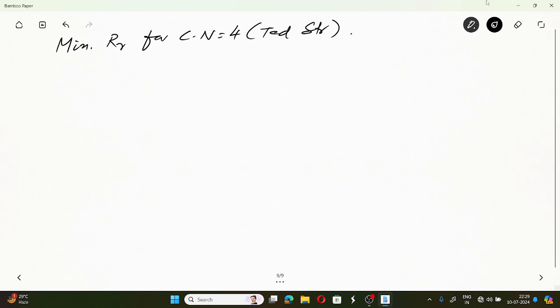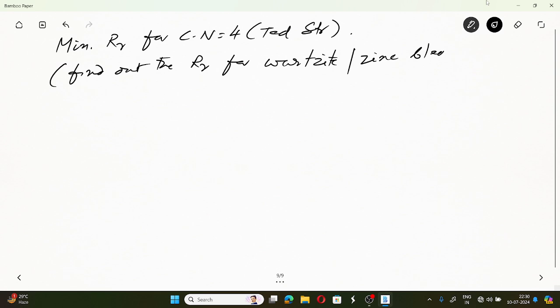So often they can ask you to find out, question এরকম দিতে পারে, find out the radius ratio for wurtzite, বা জিঙ্ক সালফাইড, যে কোনো একটা উডজাইড বা জিঙ্ক সালফাইড বা জিঙ্ক ব্লেন্ড স্ট্রাকচার। ঠিক আছে, to find out the minimum radius ratio for wurtzite বা zinc blende structure.